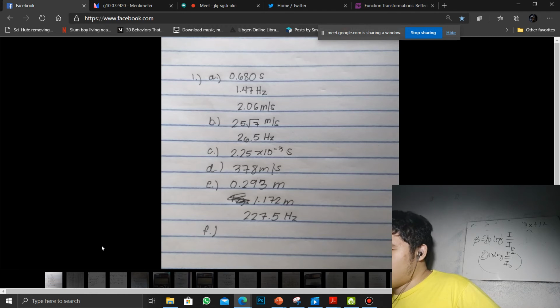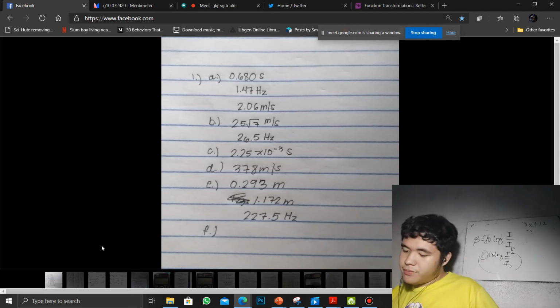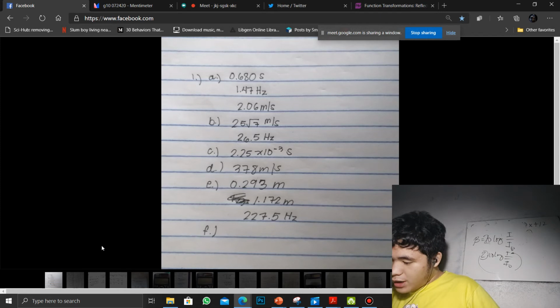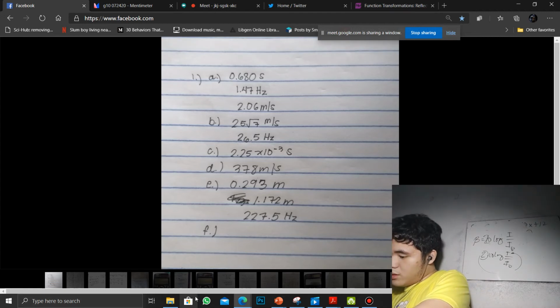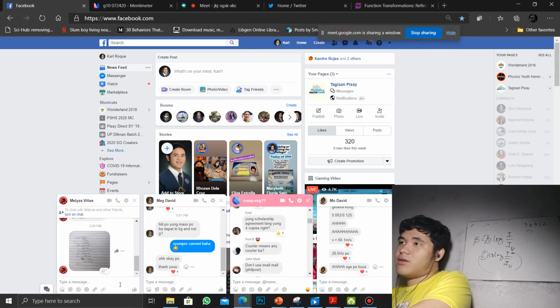Elijah, for letter D, ang tanong ay yung frequency of the sound heard by the driver of the car. Paki-double check na lang. Letter E, 0.292. Tsaka 1.172, yes. 294. Mali rin to. Okay guys, dali.